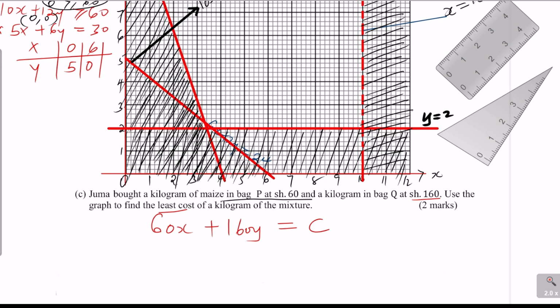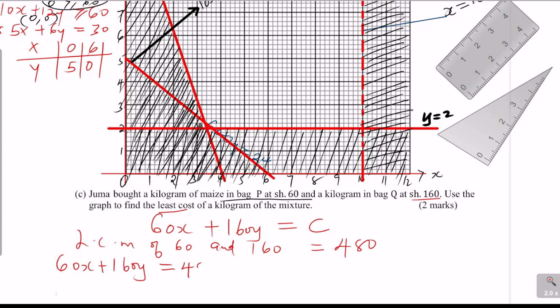To draw a search line, I will use this objective function by getting the least common multiple of 60 and 160, which is 480. So we take 60x plus 160y equals 480. This is the line that you're going to draw.